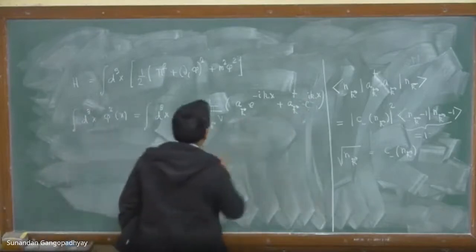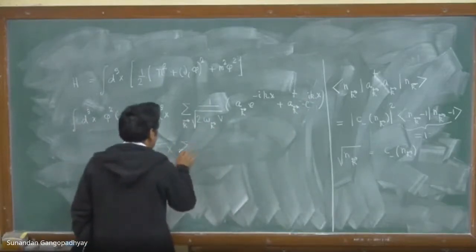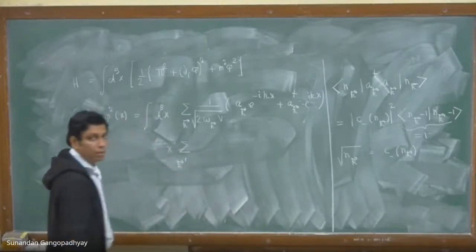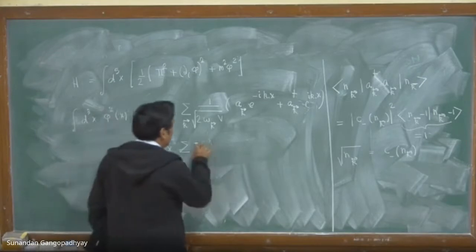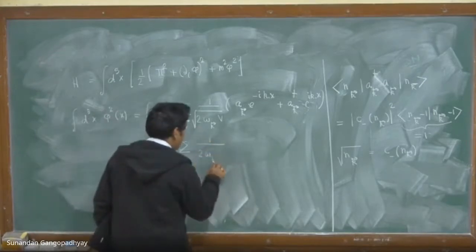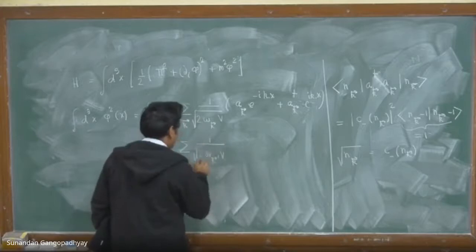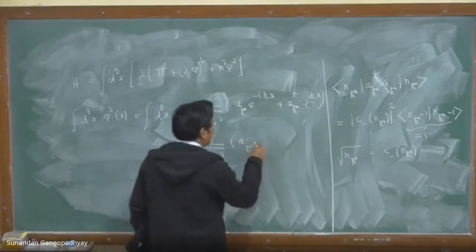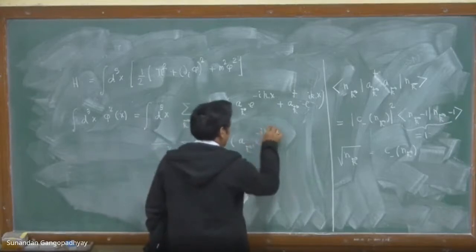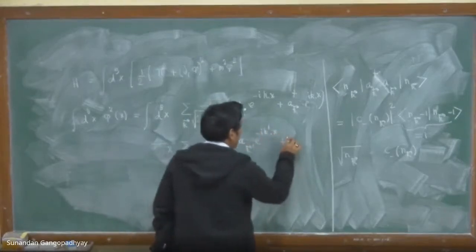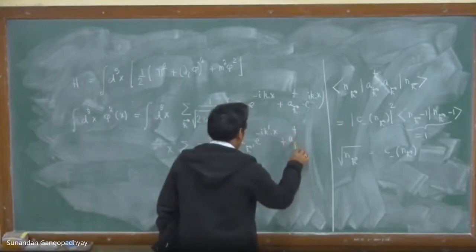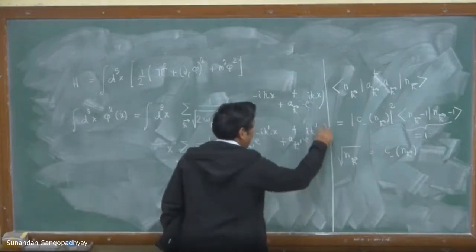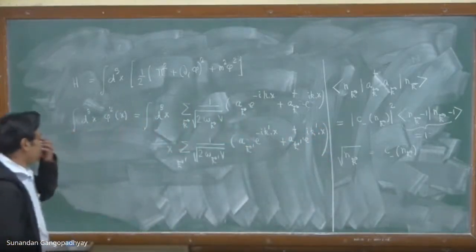This is for one of the phi's, and it is multiplied by another phi, for which we put a dummy k prime, with the factor 2 omega k prime V. So this is what we have.